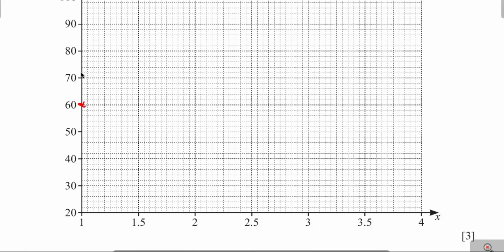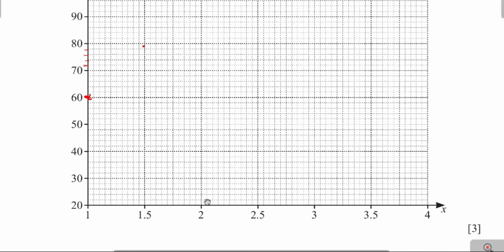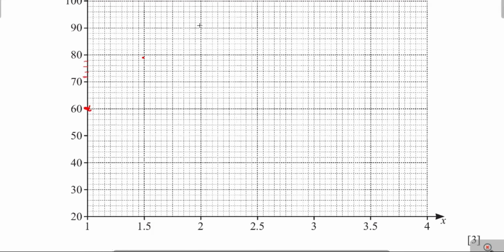You see here each small square represents 2 units: 72, 74, 76, 78, and this is 78.75. Now we mark this point here. Next, x is 2, y is 90. We mark here x is 2, y is 90.